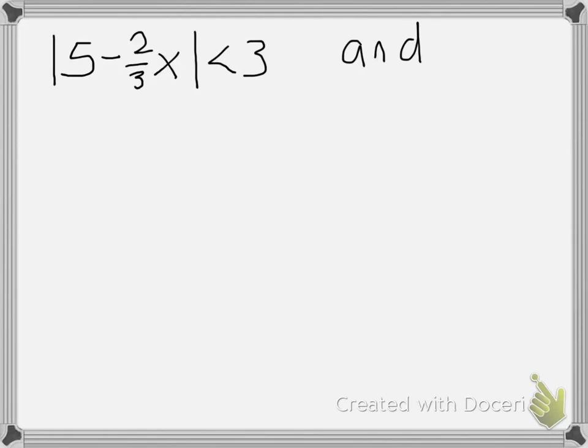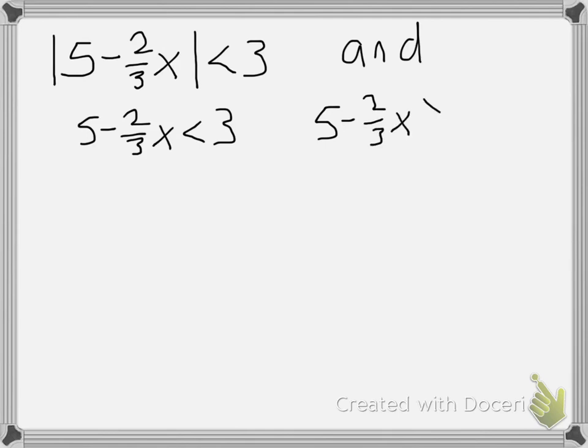I write it down exactly the way it is. I have 5 minus 2 over 3 x is less than 3. I have 5 minus 2 over 3 x is greater than negative 3. So I now have negative 3 is less than 5 minus 2 over 3x.